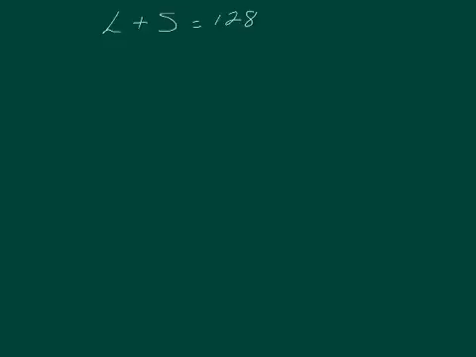But if you have large and small, it kind of makes it a little bit easier because the next part says their difference is 44. Well, if their difference is 44, it's going to have to be the large one minus the small one to give you 44, because if it was the small one minus the large one, you would get a negative number. So for instance, if this was 20 minus 10, larger minus small equals 10.